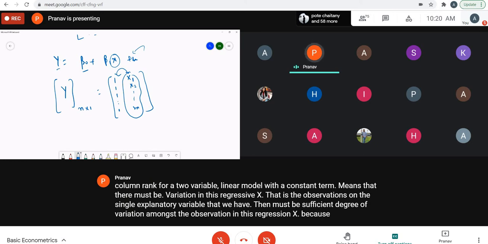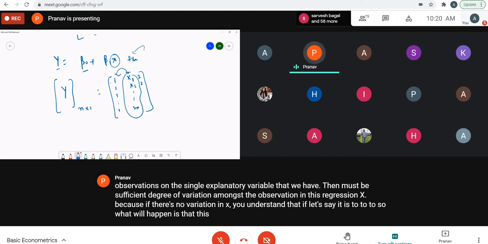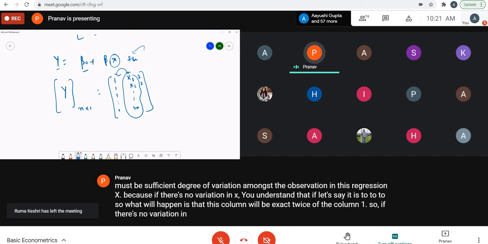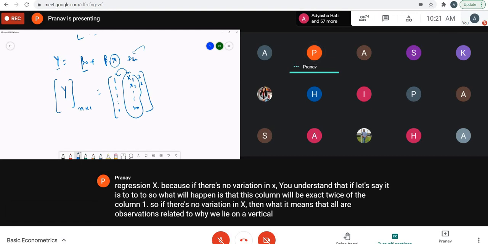Because if there is no variation in X, you understand that if, let's say, it is 2, 2, 2, 2, then this column will be exactly twice the column 1. So if there is no variation in X, it means that all our observations related to Y will lie on a vertical line.